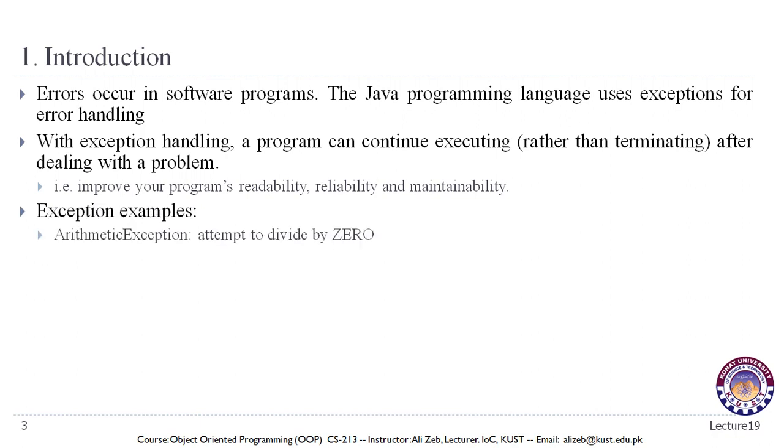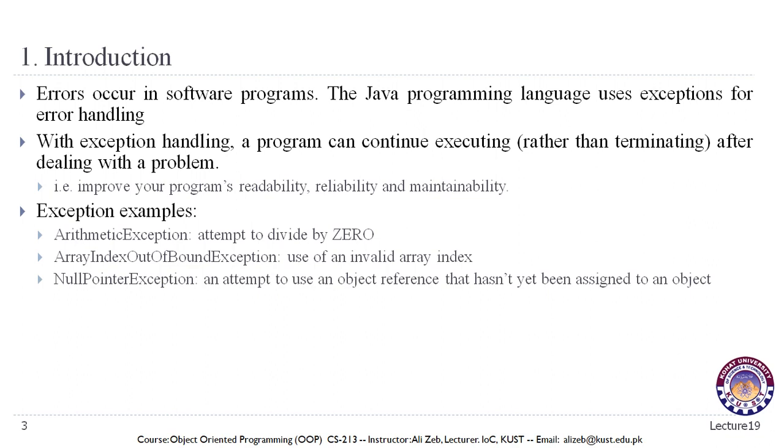Exception examples can be, for example, arithmetic exceptions, an attempt to divide by 0. These are errors that may occur due to some numeric calculations or numbers. Array index out of bound exception, as the name suggests, you might use an index of an array that does not exist or is invalid. Null pointer exception, you might have faced this error earlier.